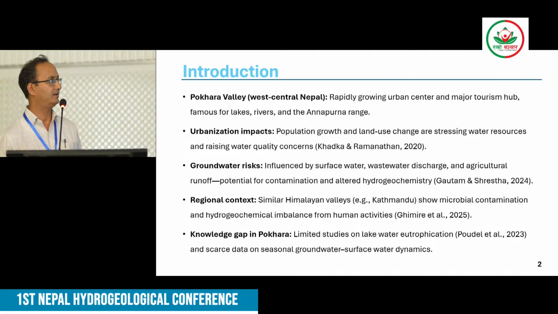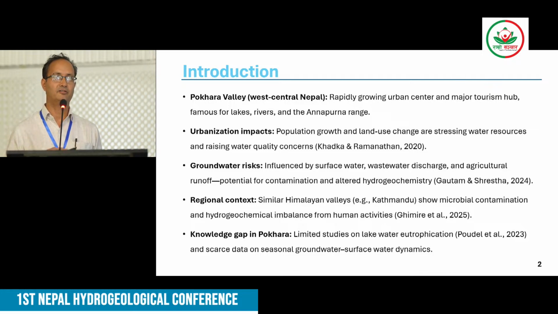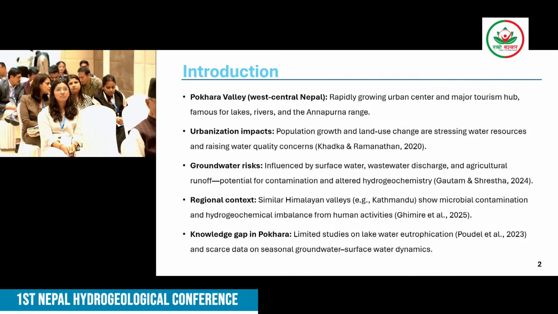And because of that, there is growing contamination and environmental issues because of discharge of wastewater, dumping of waste, and all those kinds of things are increasing the pressure on the environment also.